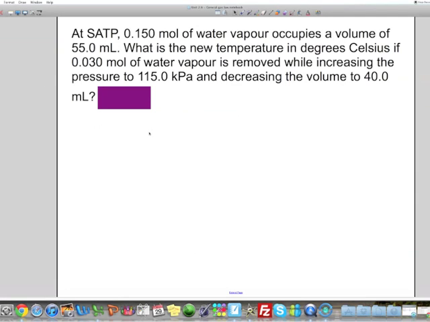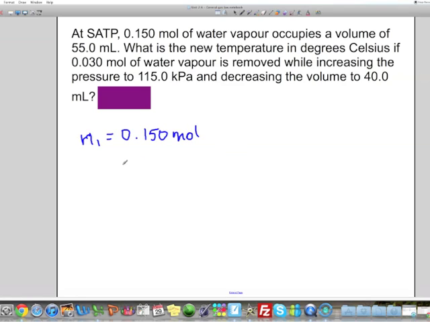So at SATP, 0.150 moles. Let me write down my variables, the information I have. I really suggest in problems like this that you do write down your information because there is a lot to deal with. So N1 is equal to 0.150 mole.